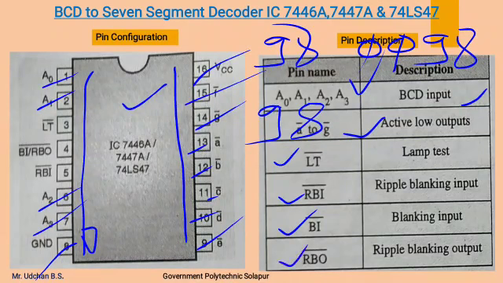After that, the next pin is the RBO bar pin, that is the ripple blanking output pin. This output is normally at logic 1, but when it goes to logic 0, it is used for cascading purposes when multiple decoders are used.